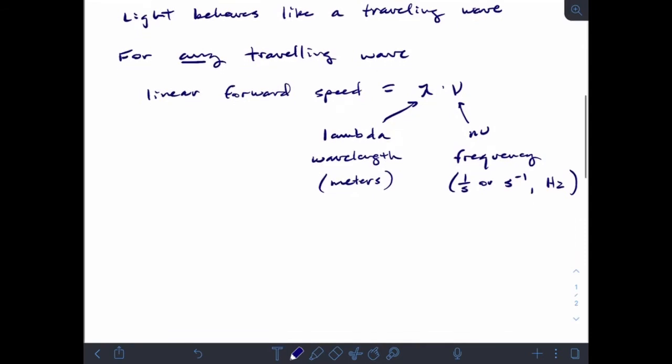So if our light is traveling at a constant speed, and that is the linear forward speed, then c, the speed of light, is lambda times nu. Now, an important thing to think about here is that if c is constant, then these are inversely proportional.